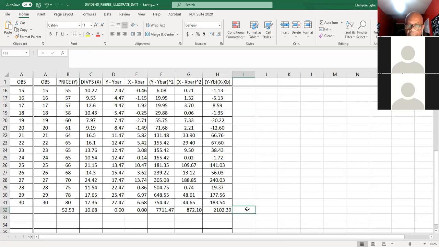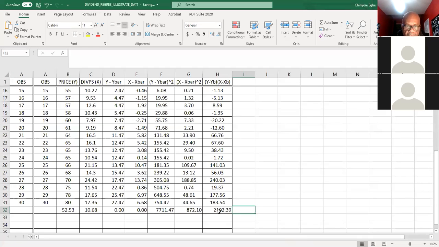Okay. So now you have to write down the summation that you have, X minus X bar times Y minus Y bar. What is the sum of Y minus Y bar times X minus X bar?